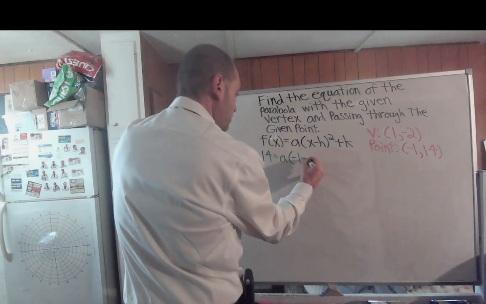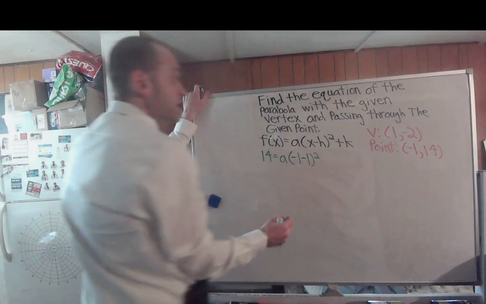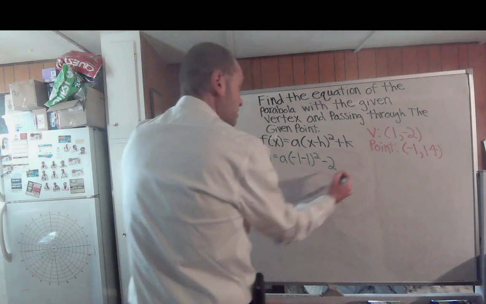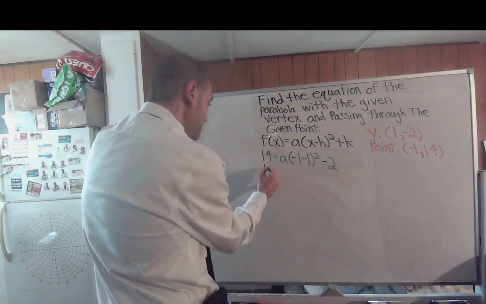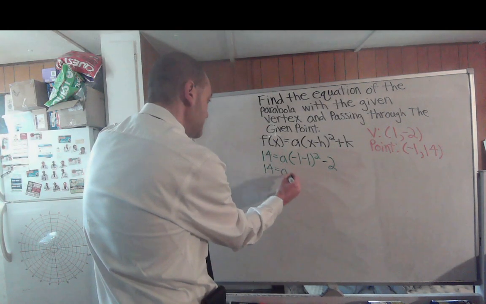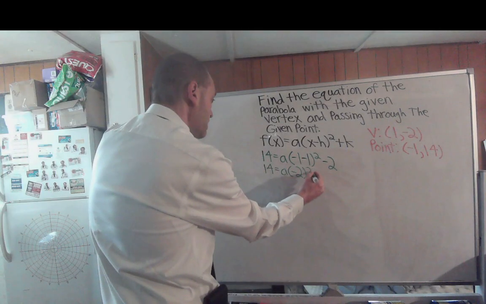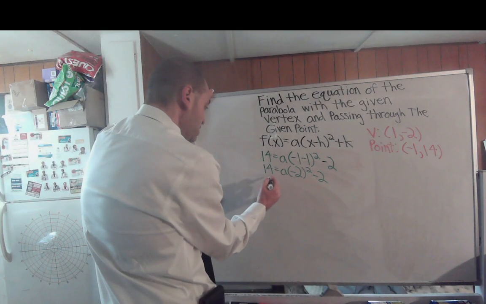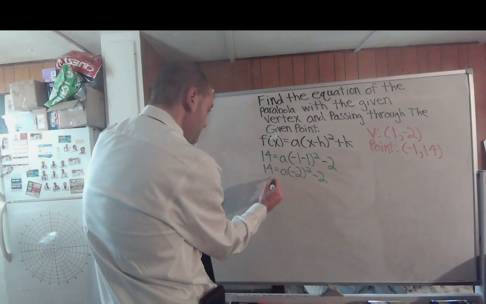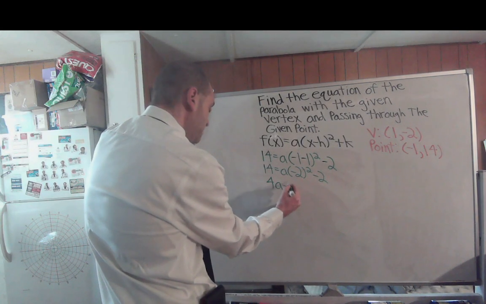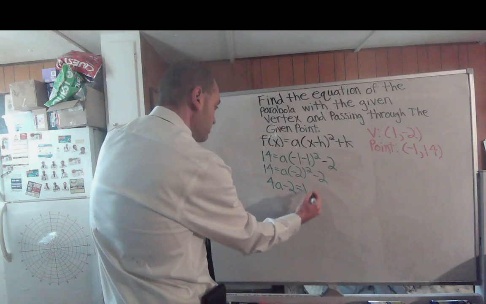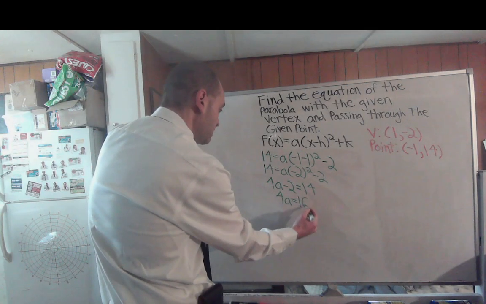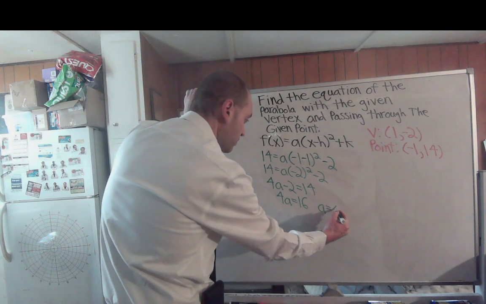So you'll have negative 1 minus 1 squared plus your k, which is the y coordinate of your vertex. This would all be negative 2. So what you should get is 14 equals a times negative 2 squared minus 2, which should then give you that 4a minus 2 is equal to 14. So 4a equals 16, which would have to mean that a equals 4.